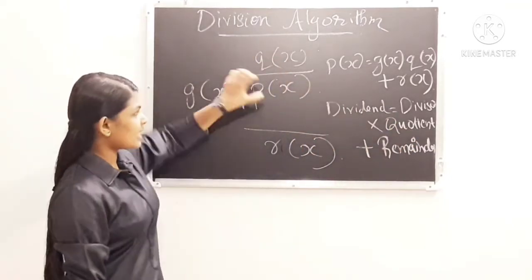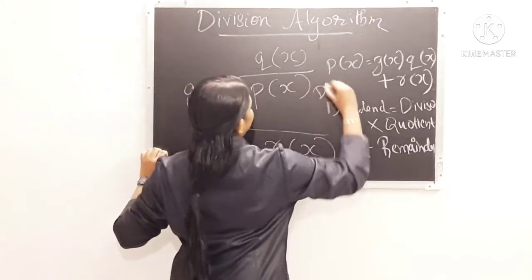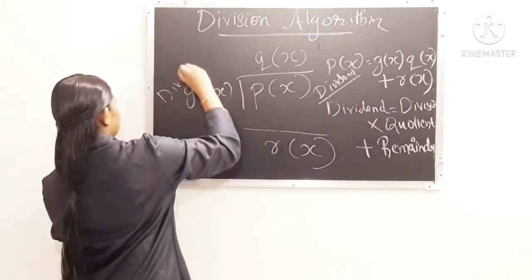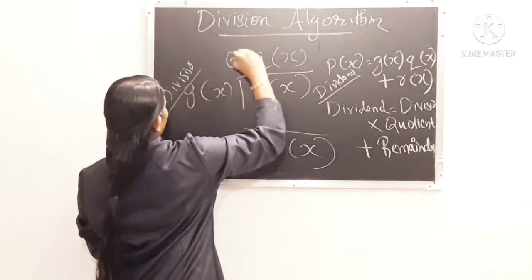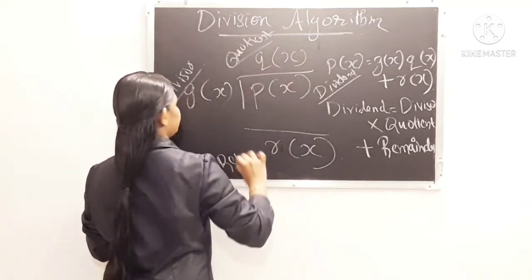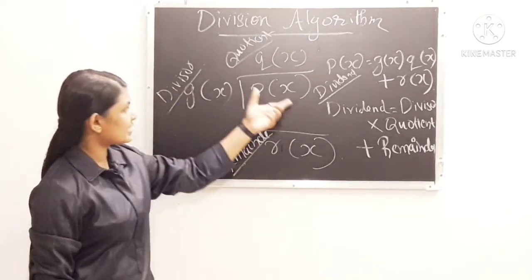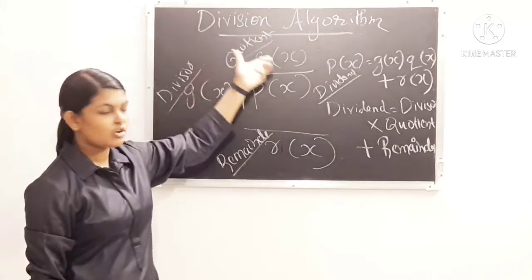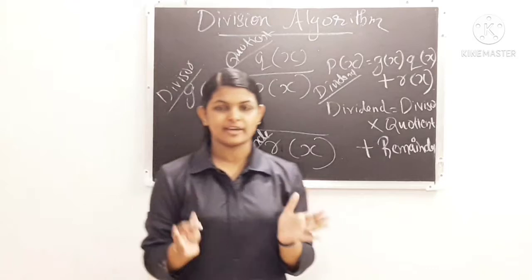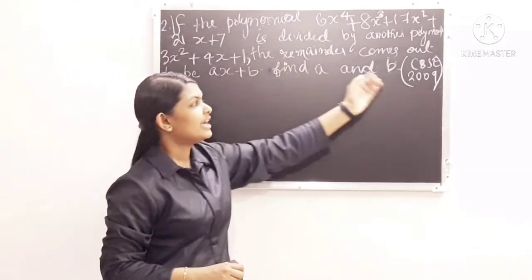That means here p of x is the dividend, g of x is the divisor, this is the quotient, and this is the remainder. We can say that dividend is equal to divisor into quotient plus remainder, and this is the division algorithm for polynomials.